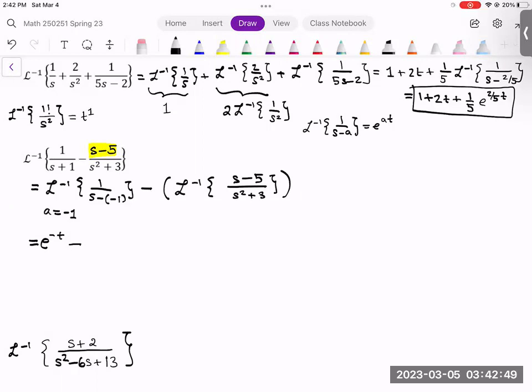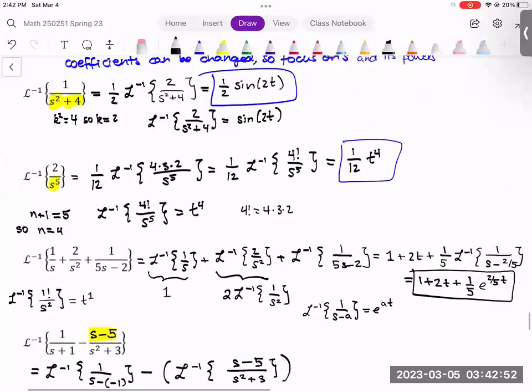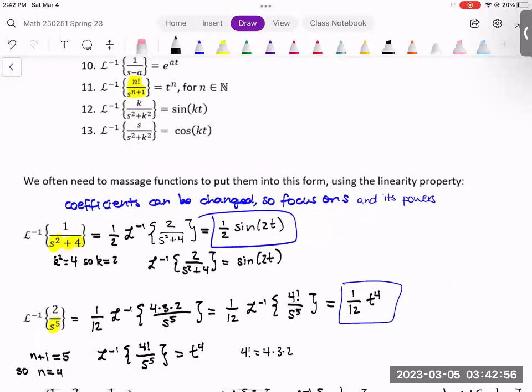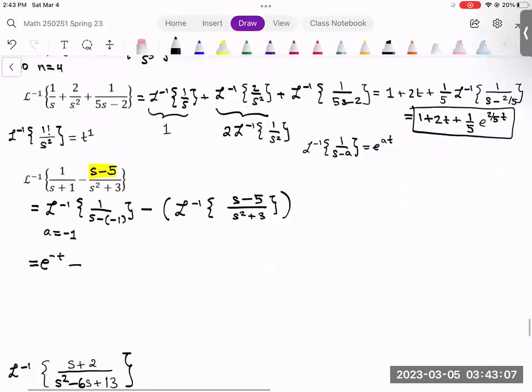All right, and if we try and think about how this matches up, if we had just s, it would be a cosine. If we had just a constant, it would be a sine. But since we have a difference here, what we're going to do is actually just break this sum in the numerator up, because we're able to.